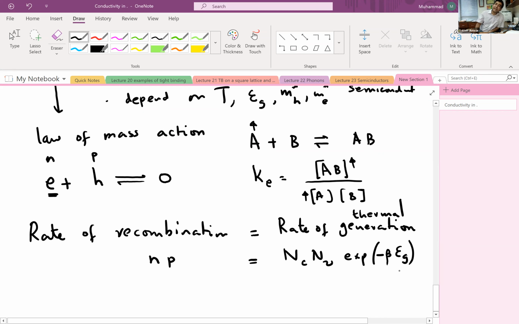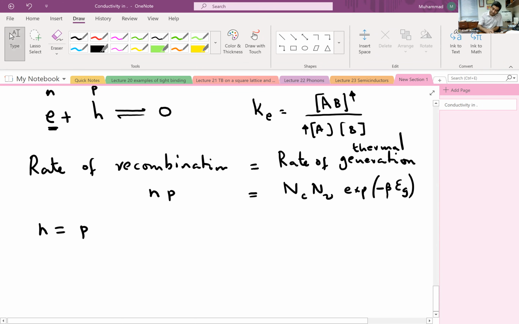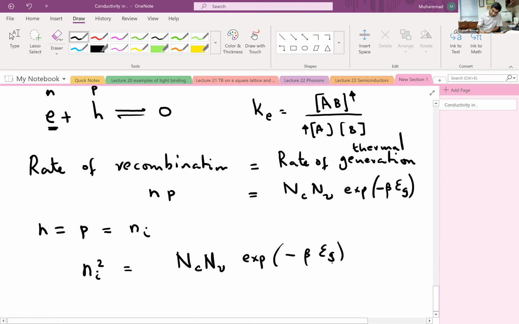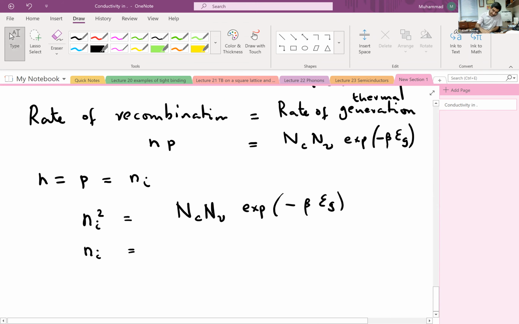By the way, if we had an intrinsic semiconductor, where N is the same as P, let's call each one of them Ni. Then the law of mass action becomes Ni squared is NC NV, and I can write Ni as the square root of NC NV times e to the minus beta Eg over 2.